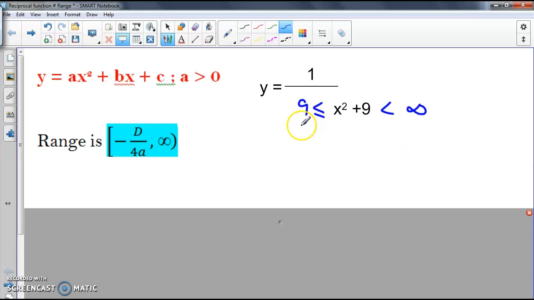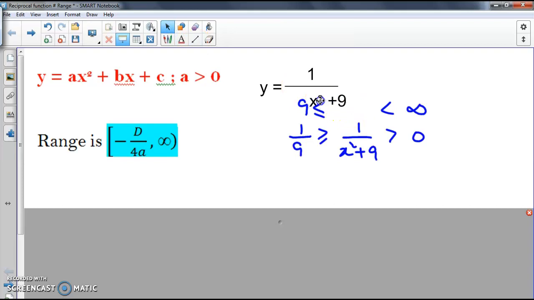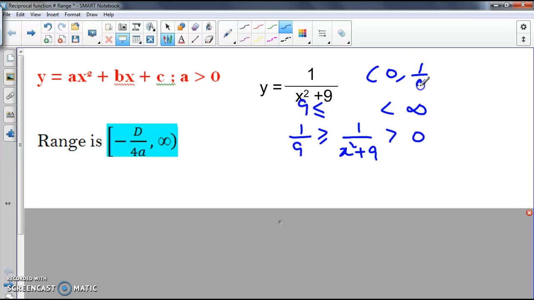Taking reciprocals, 1 upon 9 is greater than or equal to 1 upon x square plus 9, greater than 0. So, the range of the original function 1 upon x square plus 9 is from 0 to 1 upon 9. 1 upon 9 is included, 0 is not included.